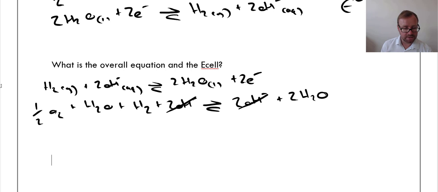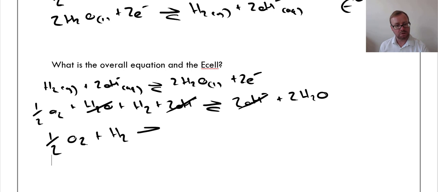Can I cancel anything else out? Yes, I can cancel this out, and this will become 1. So my overall equation will be half O2 plus H2 goes to H2O, gas, gas, liquid.